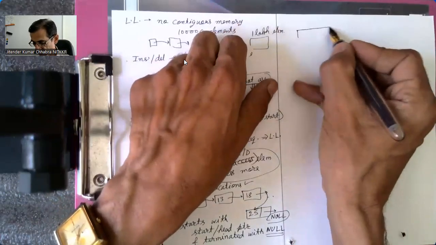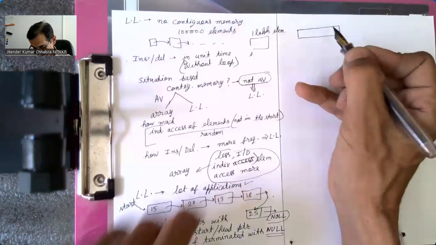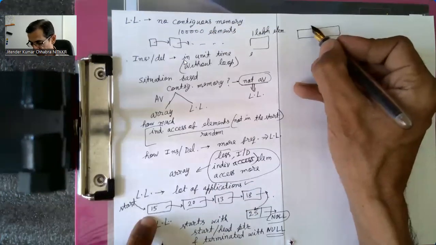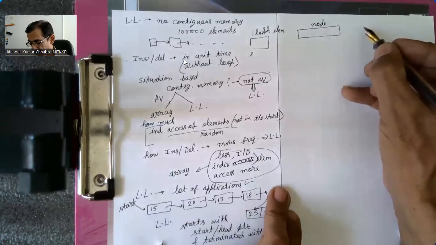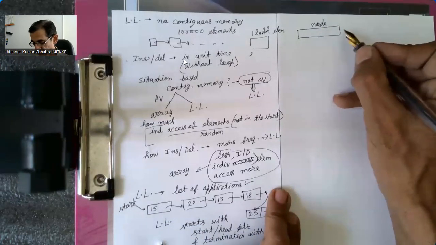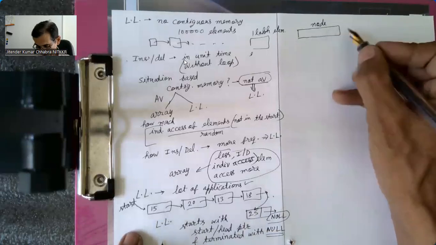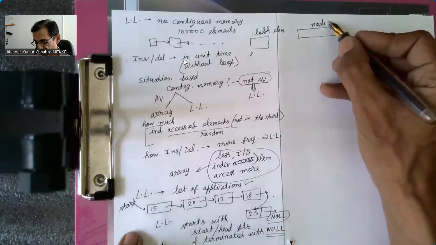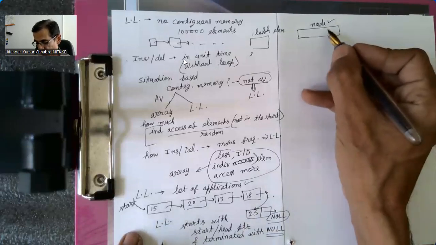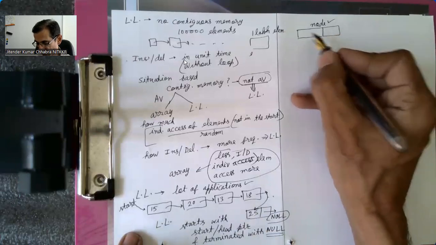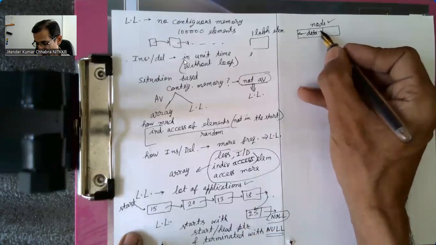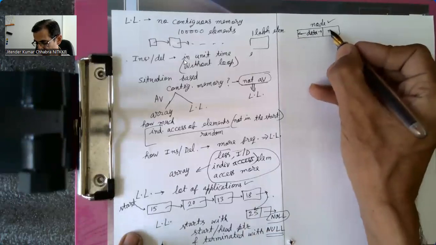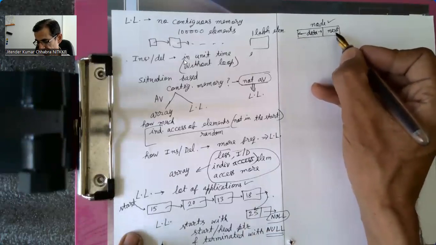Each of these boxes which we have used is called a node. So the primary component of your linked list is always a node. A node always contains two things: the data and the address of the next node.